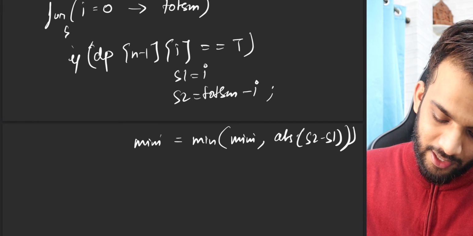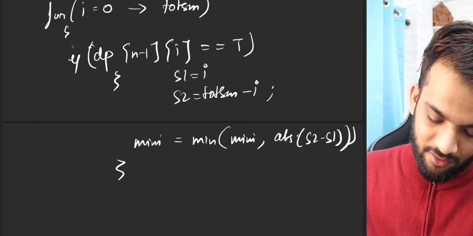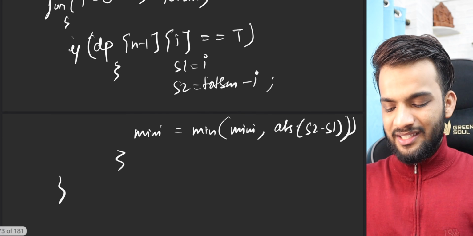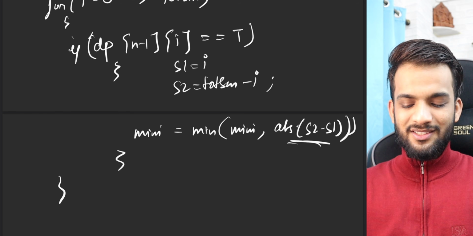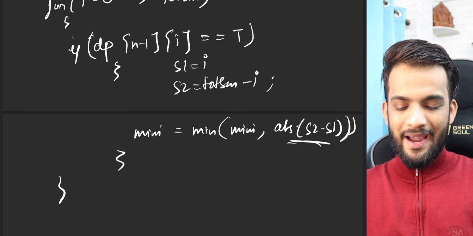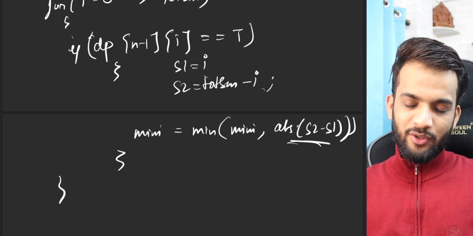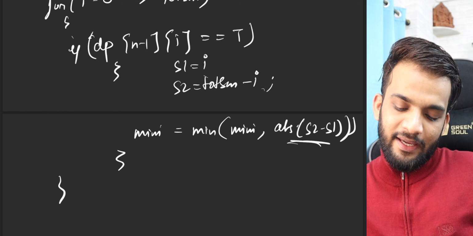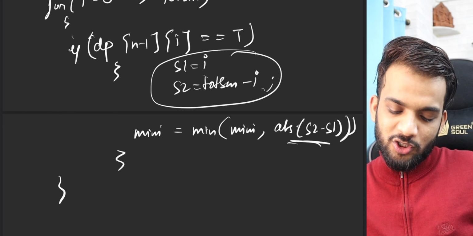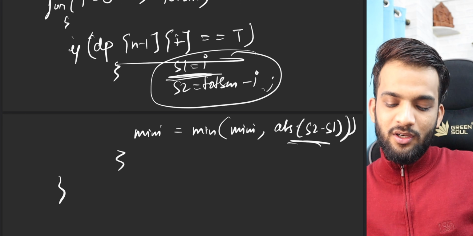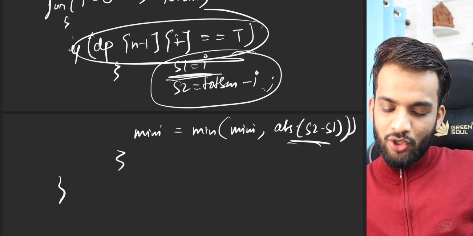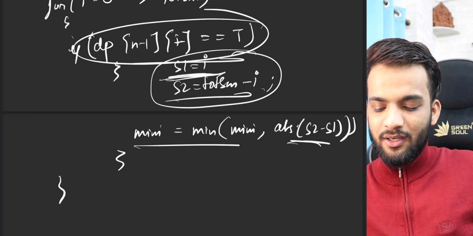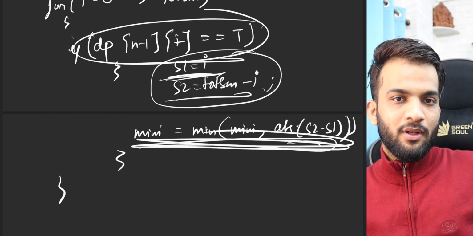So that's how you can easily write this. If you try to write this in terms of formula, it's going to be total sum minus 2 into I. So you can also write that. But yeah, in this way, if this summation is possible, you directly check on the last row. You take S1, you take S2, and you get the minimal possible value.